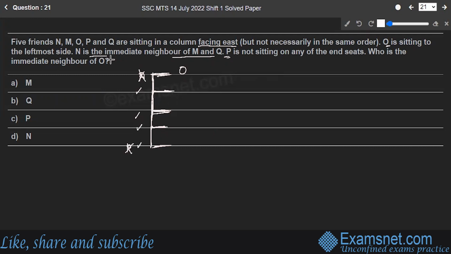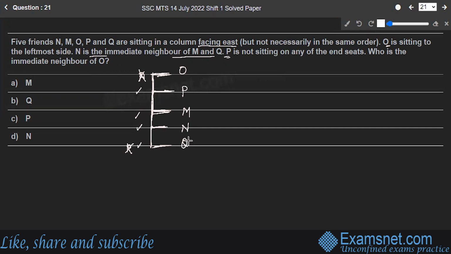That means if N, M, and Q are neighbors of each other, then there is no other option but for P to sit over here. Last, you are left with N being the immediate neighbor of M and Q. Leave N over here, and nothing else is given. So M can come over here and Q can come over here, right?